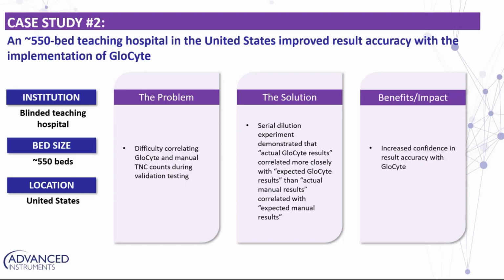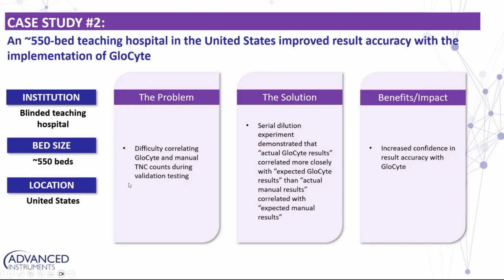So what happened with this specific hospital is their lab techs just really felt better with the results that were coming out. They didn't feel the stress to get their cell counts ultimately right because they had the GloCyte, which streamlined everything. I have another example at the very end of this presentation that will walk through the data a little bit more with another hospital that we use. But once again, it's crazy to see the difference in accuracy between the manual cell counts and the automated GloCyte here as well.